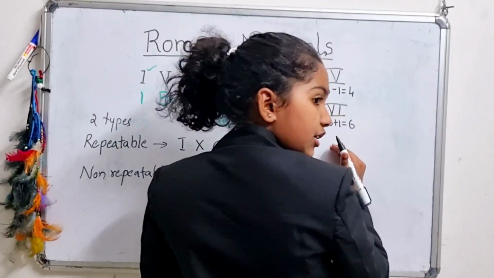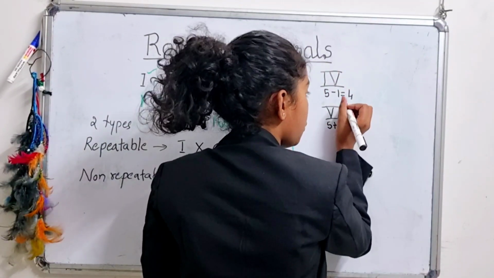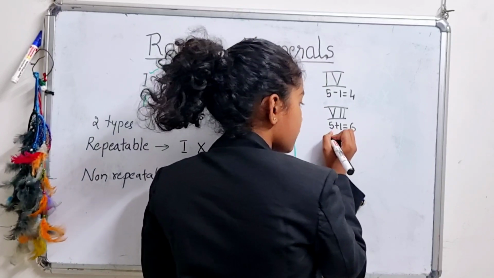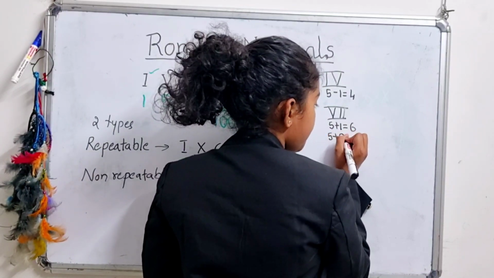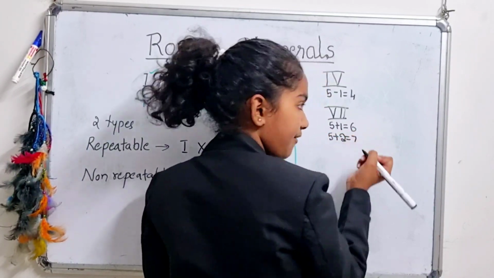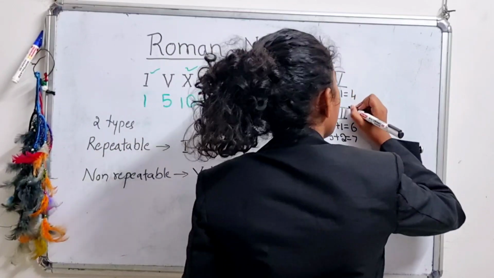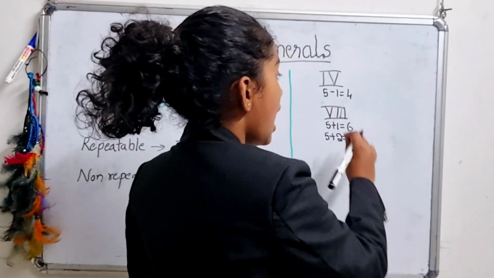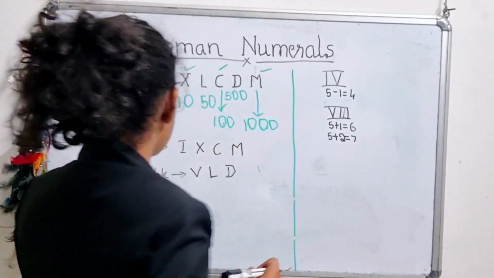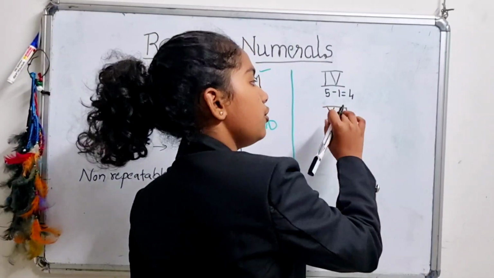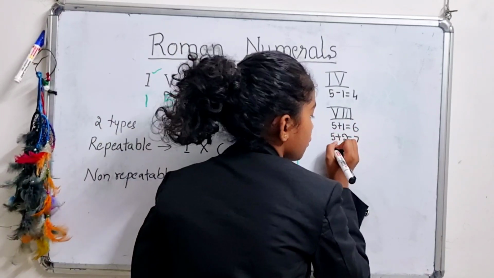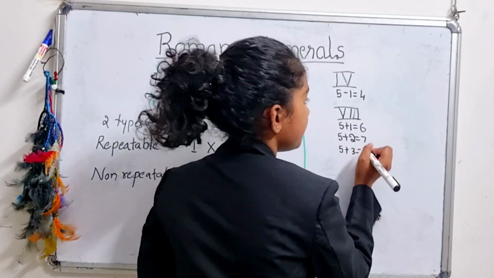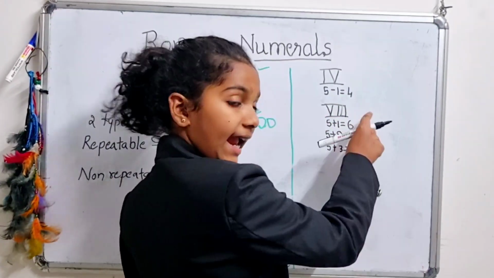But in addition, we can add one more I here, and this will become 5 plus 2, 7. And you can add one more I. You can only repeat it 3 times. I is a repeatable Roman numeral, so you can repeat it 3 times. So 5 plus 3 equals 8. That is how it will come. 8 is done.